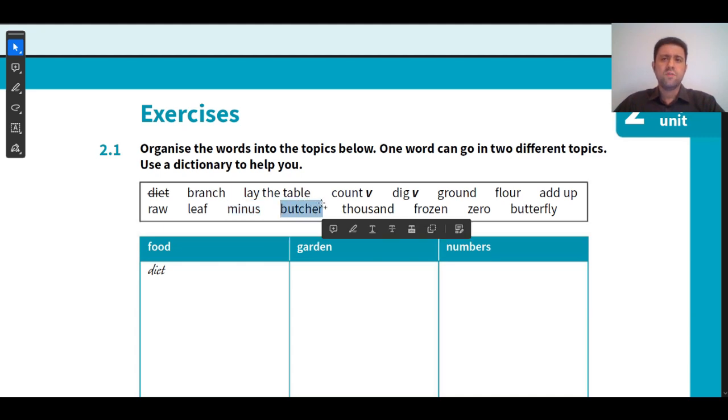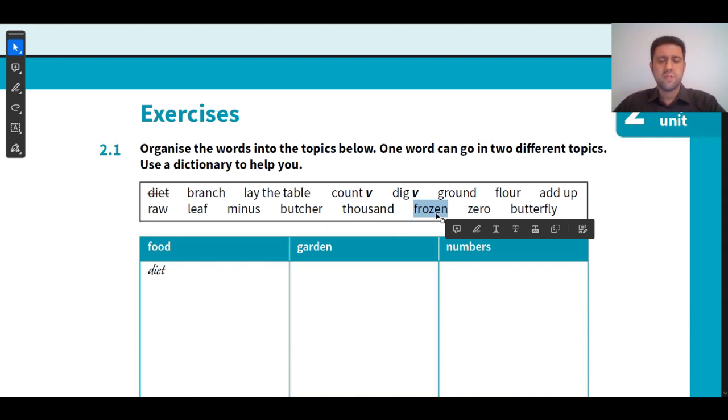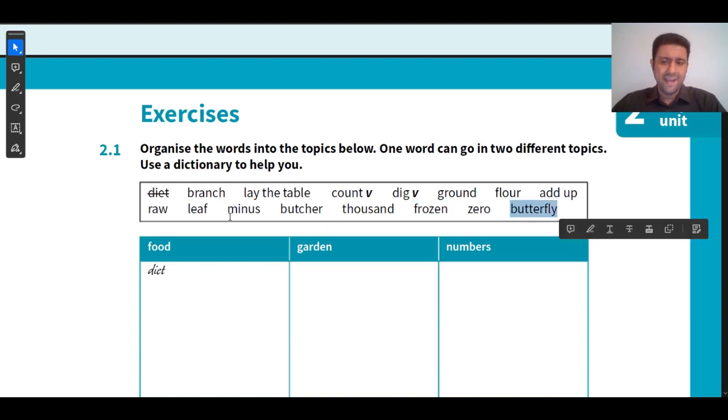Butcher is a person who cuts and sells meat. 1,000, you know the meaning, is a number. Frozen means keeping something very cold to preserve. As an example, frozen meat is very cold in order to be preserved. 0, you know, is a number, and butterfly is a kind of insect.